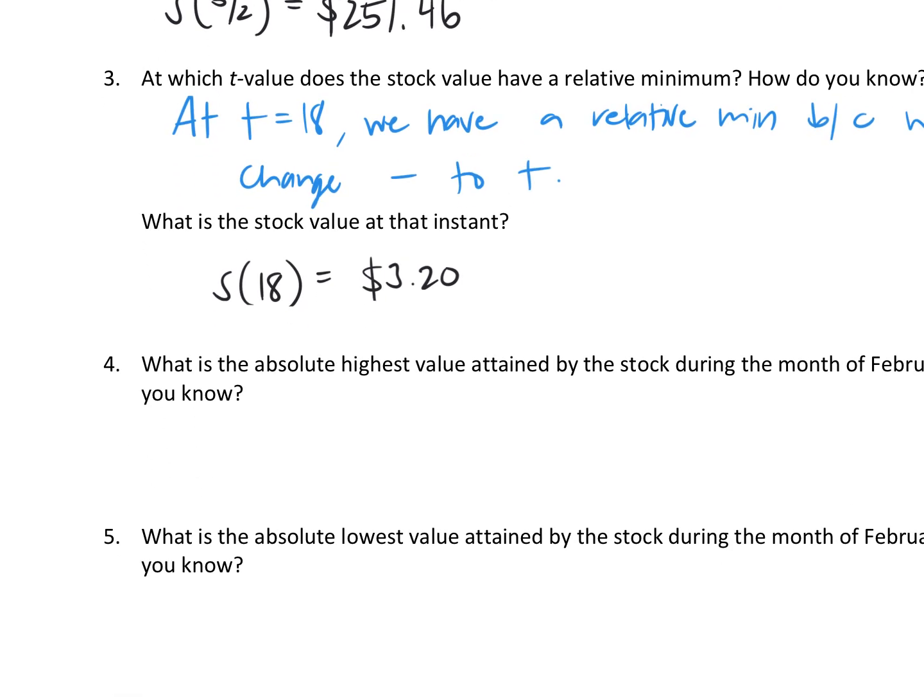So I need to test S of 0, because it's the first day, or the beginning of the month, and S of 28. If I plug both of those into the calculator, again, I know you can use your calculator, you should get 230 and 446.53.